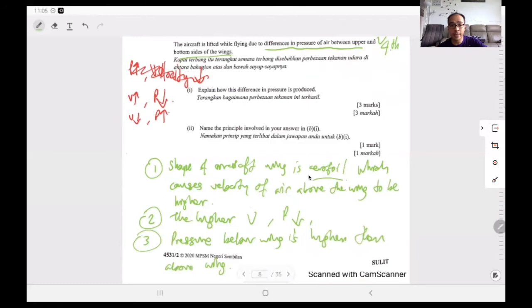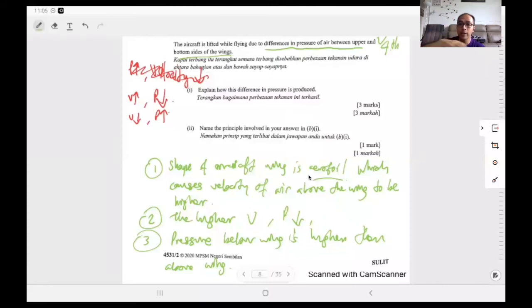Now if this is a 4-mark question, the 4th mark is this: difference in pressure causes the aircraft to be lifted, the wing to be lifted. But the basic three is there. Talk about the shape, and the shape causes the velocity above the wing to be faster, to be higher. Then the second one, talk about Bernoulli's principle. The higher the velocity, the lower the pressure. So upstairs, the one above is low pressure.